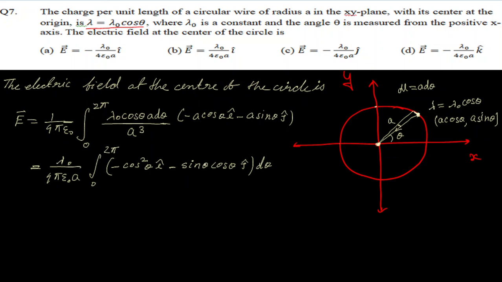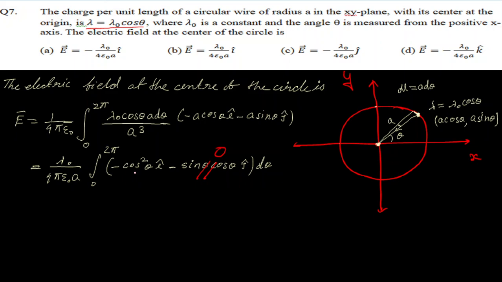From the integration concept, you can say that the integration of the product sin theta cos theta over the limit 0 to 2 pi will always be 0. The integration of this term will give us 0. So you have to integrate only this term.